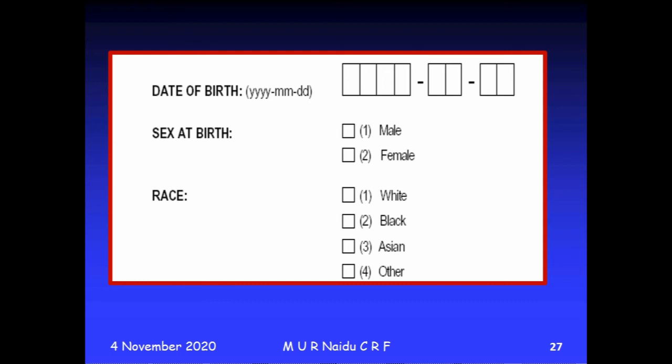Then for gender, somebody has to put a mark. Better ask them to put a cross, because a tick mark is not a good method, since a tick can be converted into a cross. So always ask the subject to put a cross mark, because a cross cannot be made into a tick. Then for race, you have to provide a place where the individual can put a cross mark.